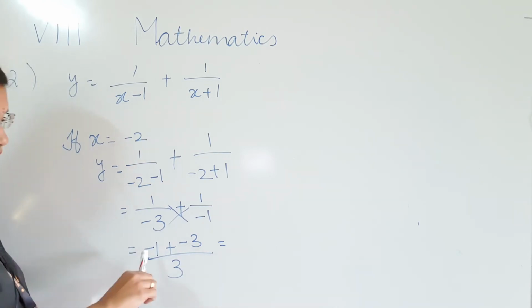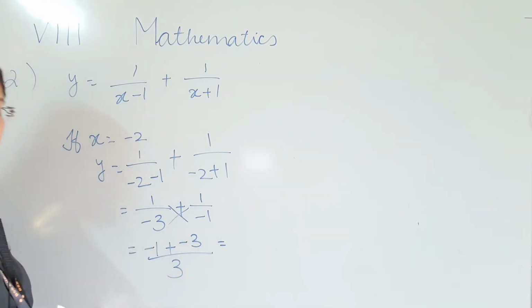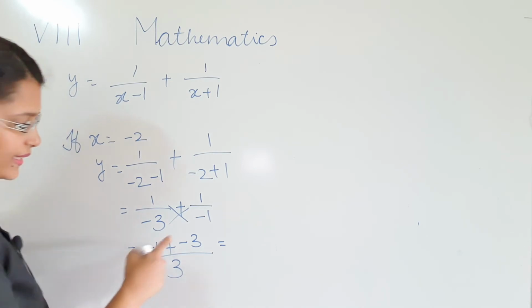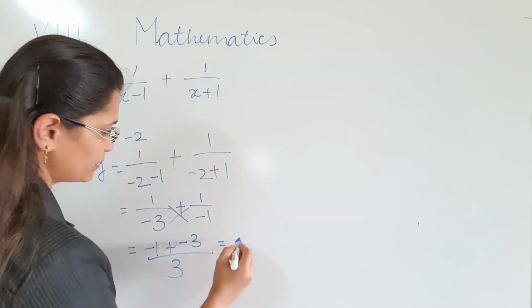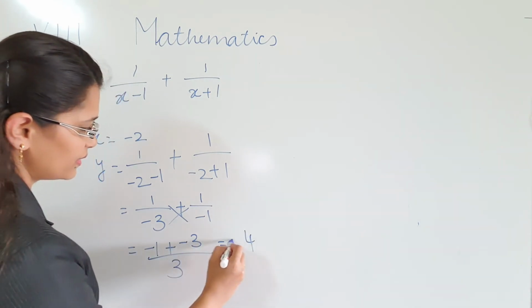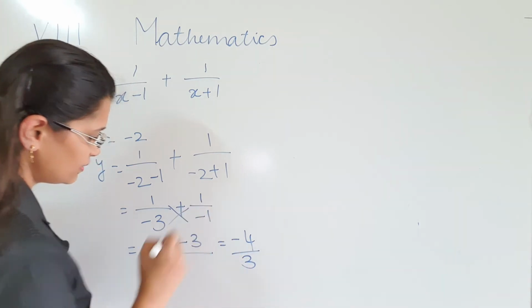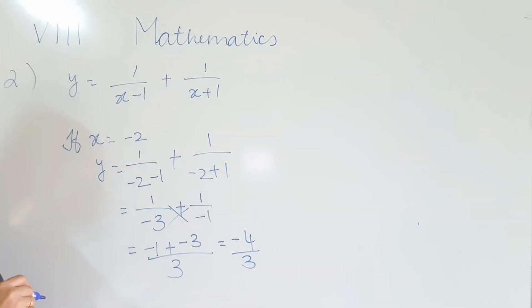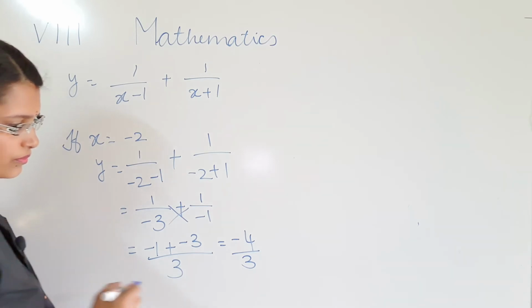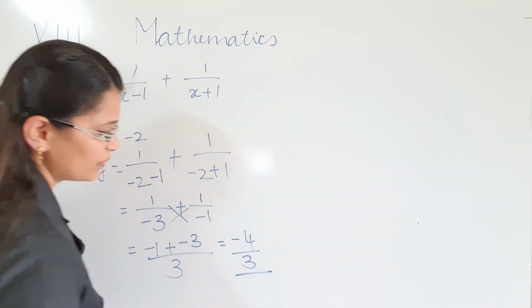That means, if the signs are same, you have to add and keep that sign. So, add it: 1 plus 3 is 4. What is the sign here? Negative. So, minus 4 by 3. This is the answer.